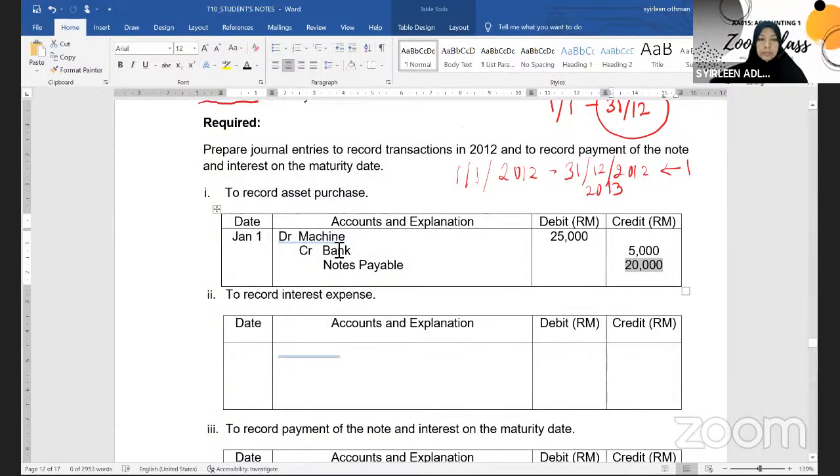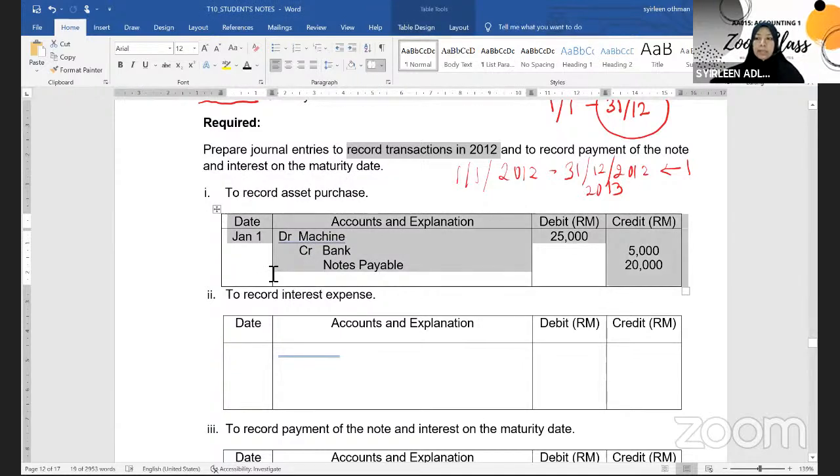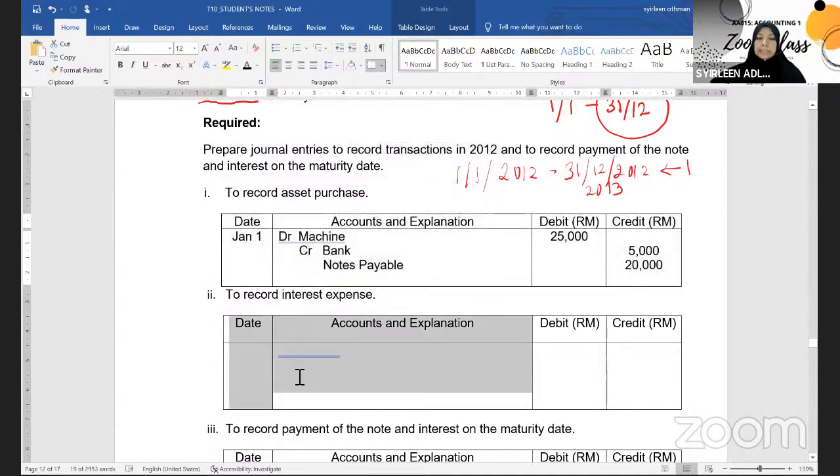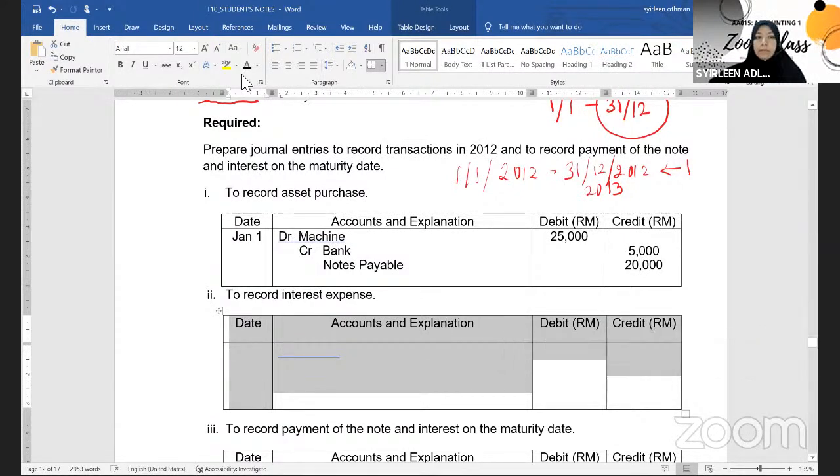So bila saya nak record interest expense, sebab kita buat transaction untuk 2012, that means we are actually focusing on whatever that happens on that particular year. So ini ialah kejadian awal tadi when I bought the machine, and this is my adjustments for my interest expense when I am doing the closing entries on the 31st of December 2012.